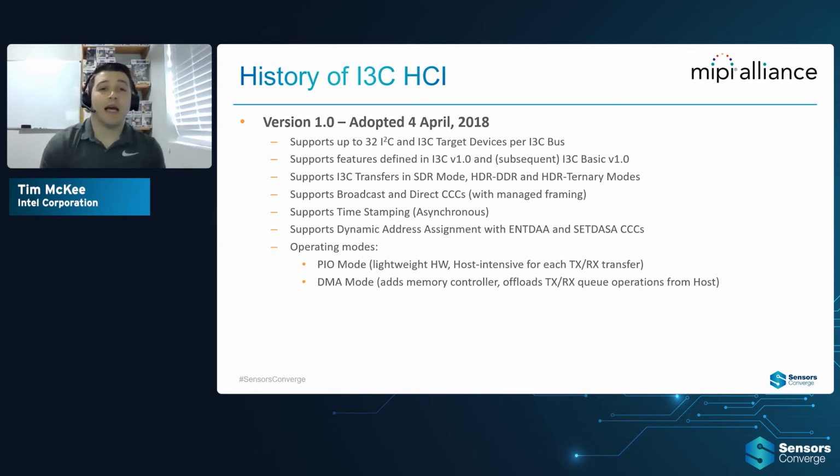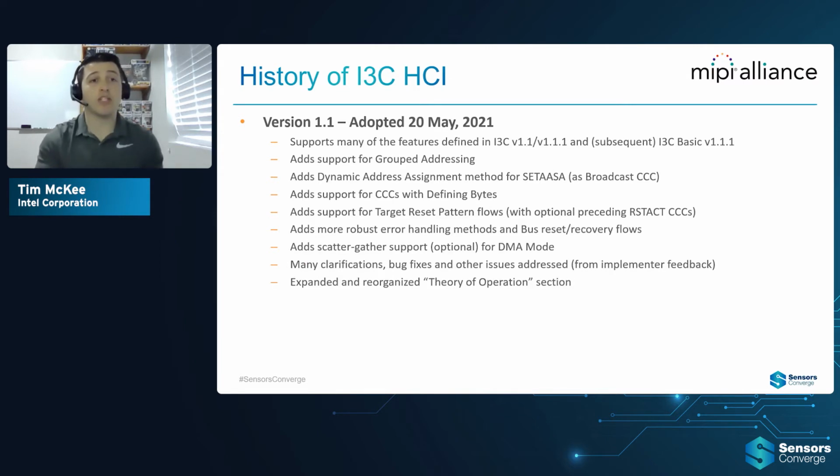And so, as you could assume with our upgraded specifications, we needed an updated version of the HCI. Although this 1.0 included all the basics, we came here in 2021, and we released version 1.1 back in May, and this is much more aligned with our 1.1.1 specifications.